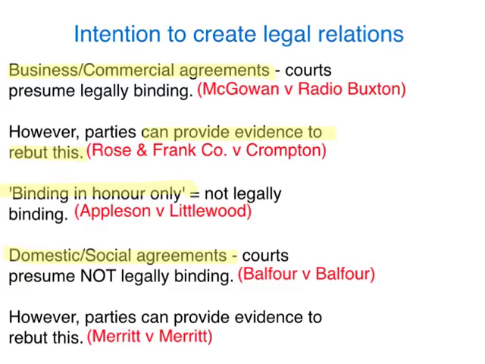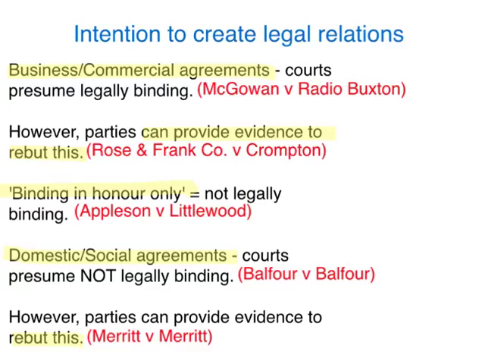However, much like the business and commercial agreements, if there's any evidence that suggests otherwise, this can rebut this presumption. And that's what we see in the supporting case of Merritt and Merritt. Again, we have a husband and wife situation, but here the husband had left his wife for another woman.